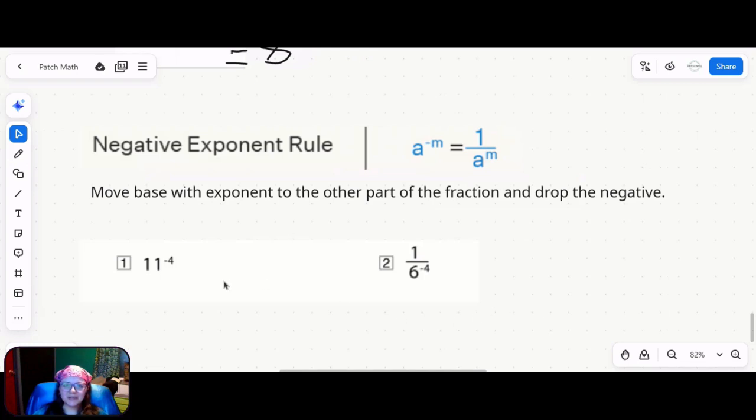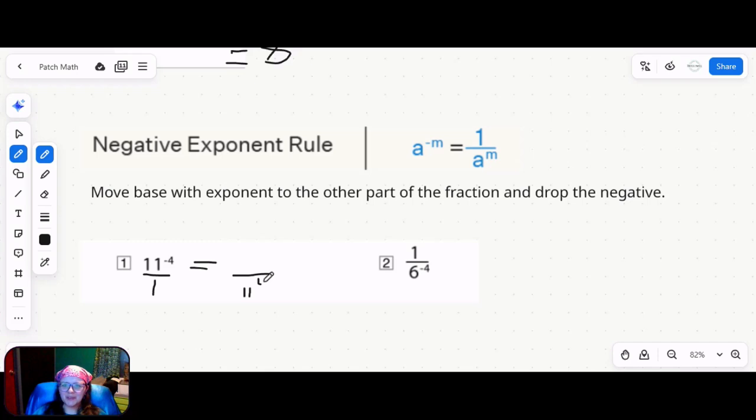So looking here at these two examples, you'll see we have 11 raised to a negative 4. Our base is 11. Our exponent is negative 4. If this is not already a fraction, you're going to want to make it a fraction. Recognize we have invisible ones in a lot of places in mathematics, and we can make any number a fraction by sticking it over 1. Well, this simply says, hey, I'm in the wrong part of the fraction.